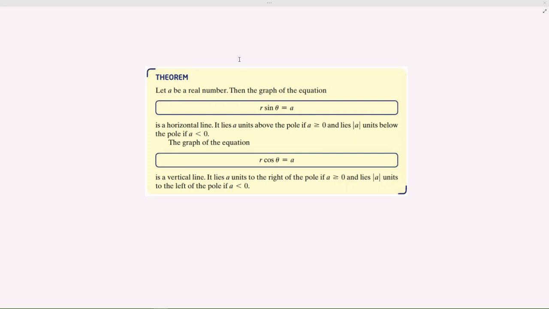Since r sine of theta is always y, this is always going to translate to a horizontal line, y equal a for whatever real number a is. And then since r cosine theta is equal to x, if we see this, we can always translate that to a vertical line, x equal a.